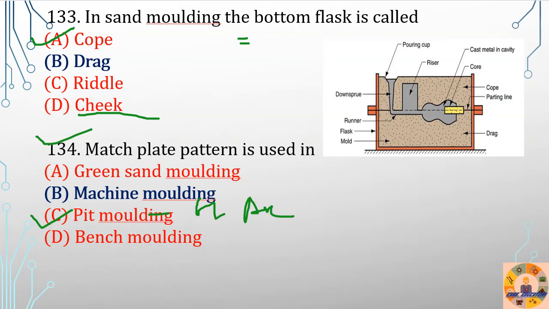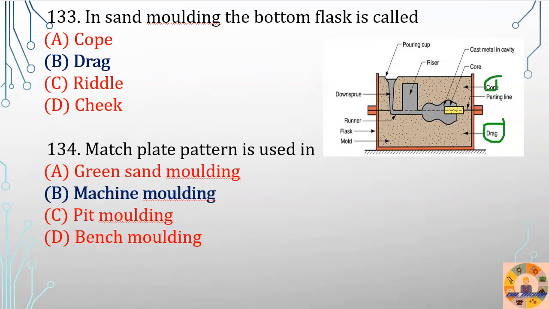Question number 133. In sand molding, the bottom flask is called, so this is a mold, so bottom flask is called drag, top is called cope, and previously I have mentioned that core is used to strengthen the mold.